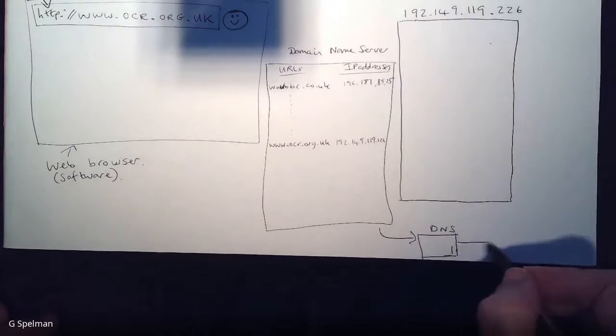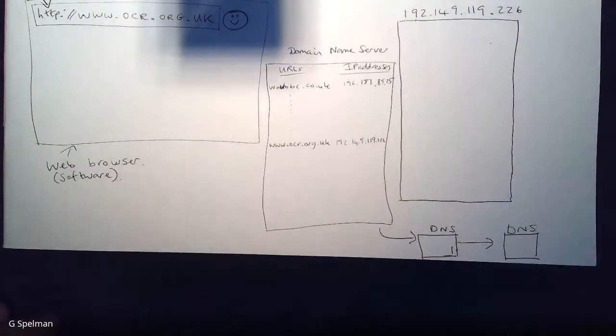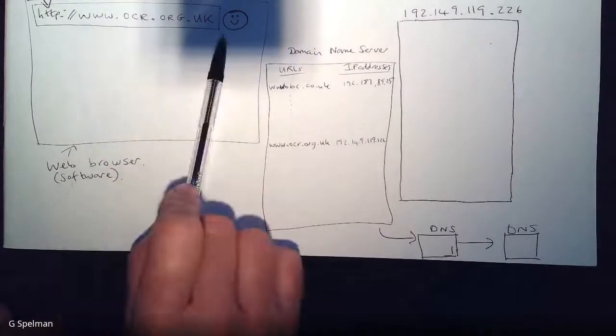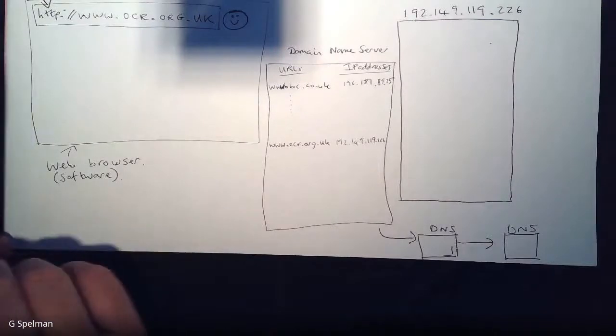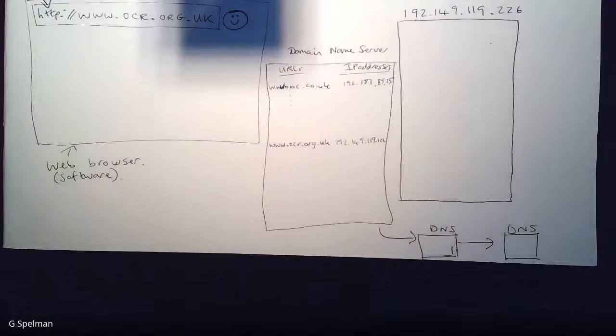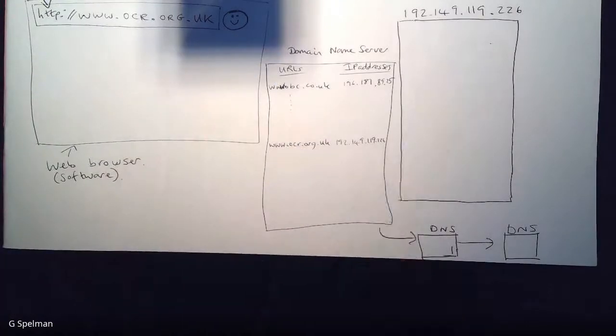And if that one doesn't have one, it will go on to another one, and so on. It will keep doing this until it is successful and it finds the IP address that it needs, which will then get returned to this computer here. Once it has the IP address, it can retrieve the information that it needs.